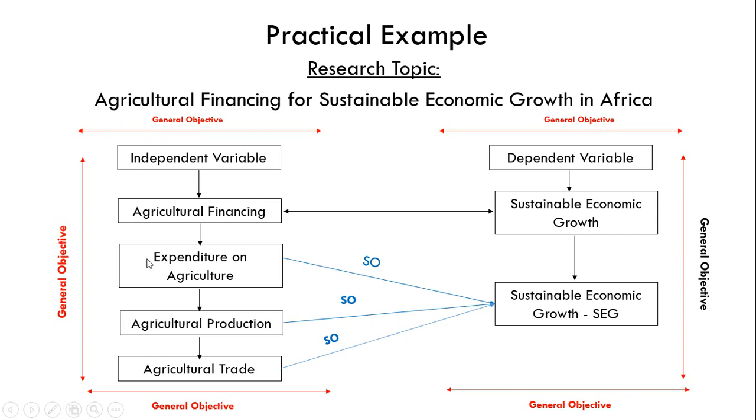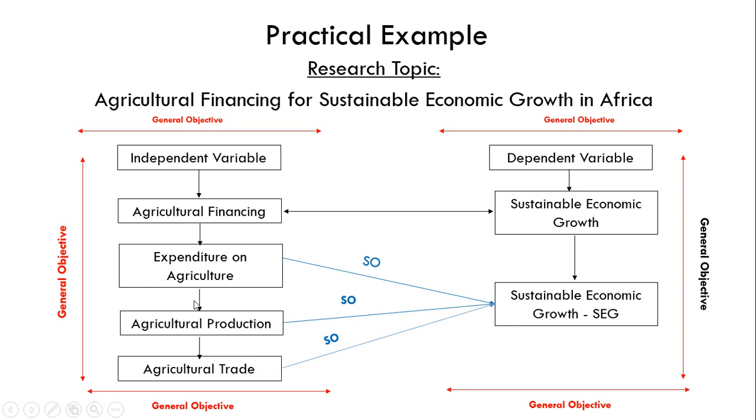Then going further, the general objective is further broken down into the specific, using this blue line, because agricultural financing may not be studied in its holistic approach, so they need to have specific objectives in order to achieve the study. So what we did here is that we have broken down agricultural financing into expenditure on agriculture.